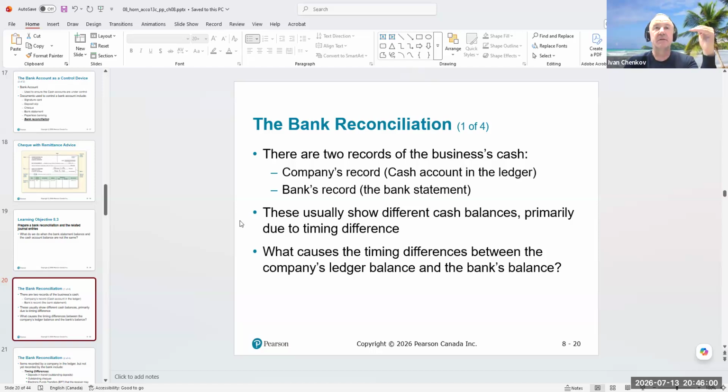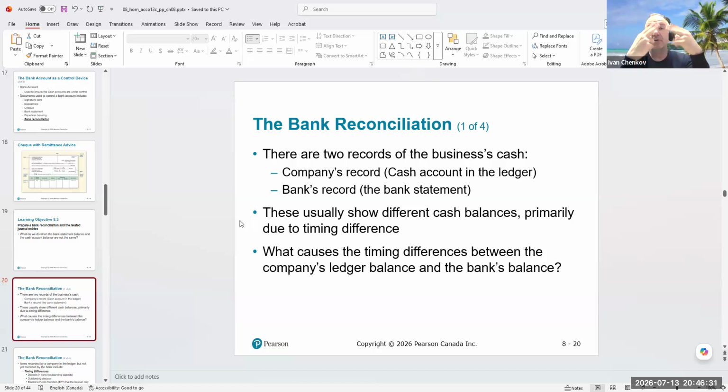Now, the question is, why is there a difference? The difference can be for different reasons, because most likely there are transactions which we recorded in our books, but haven't happened yet in the bank. And there are transactions which happened in the bank, but not yet in our books. For everything in the bank statement, we see which transactions we don't have in our accounting books.